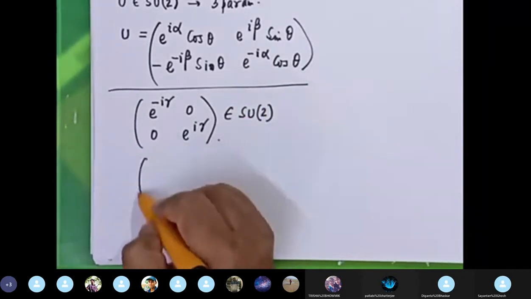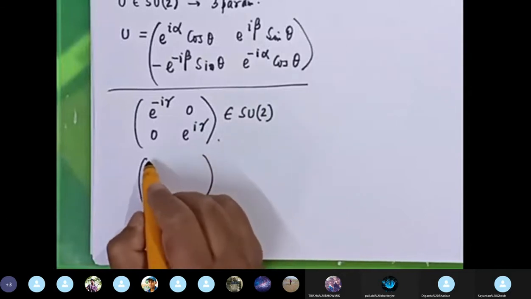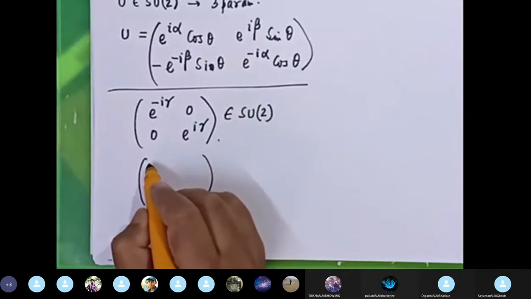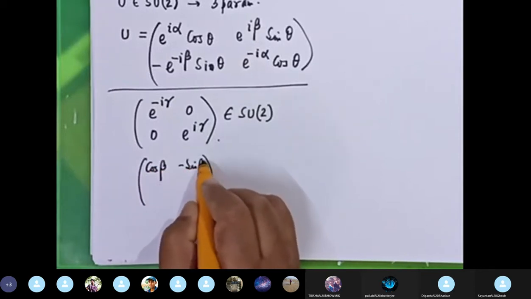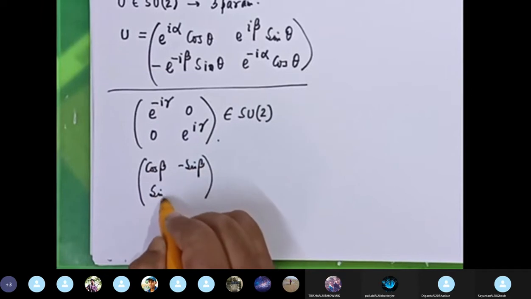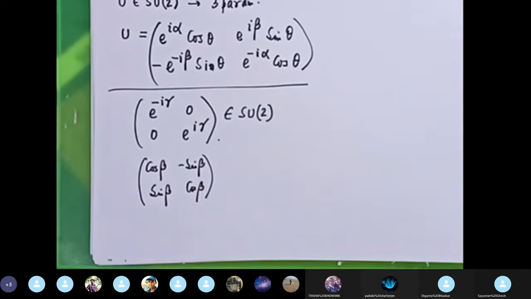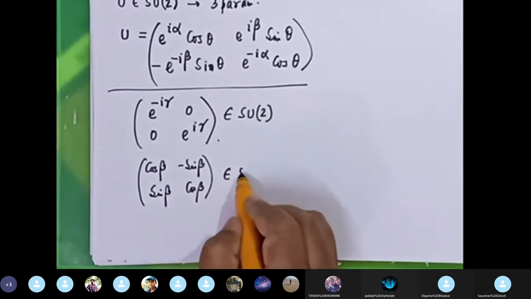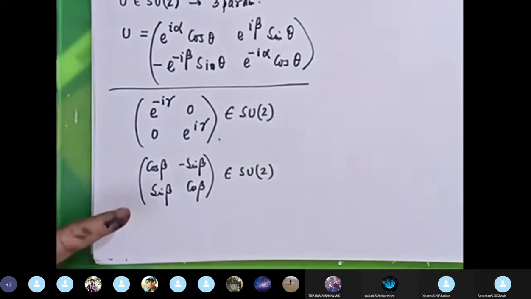Now you write another matrix, cos beta, minus sin beta, cos beta, all real parameters. This is also trivially SU2. Is this clear? Because this is a rotation matrix, an SO2 matrix.